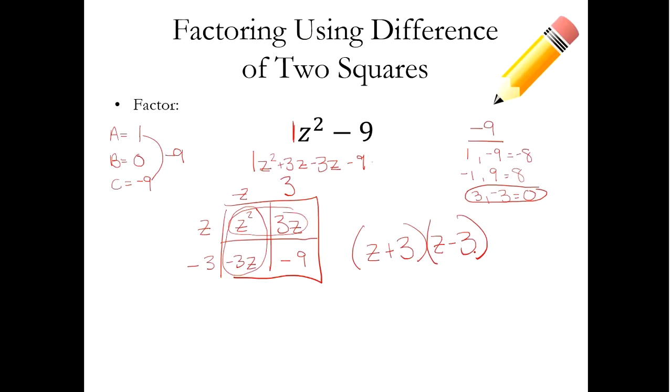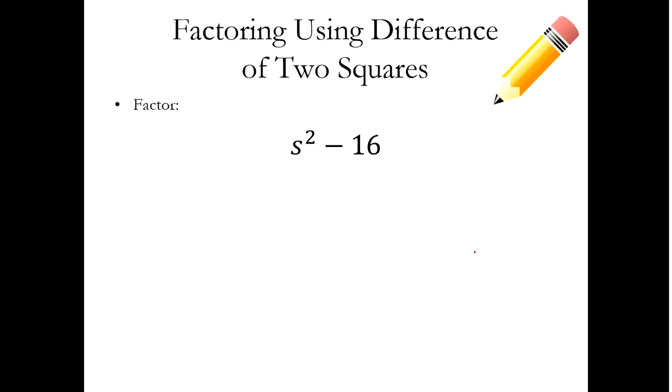Let's try another one like it. So I've got s squared minus 16. The very first thing, A equals 1. It looks like we do not have a B term again, so my B is 0. And then C is negative 16. So if I multiply these two, I should get negative 16. So we're looking for the numbers that multiply to give us negative 16.